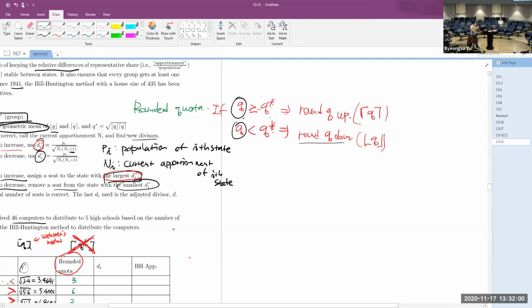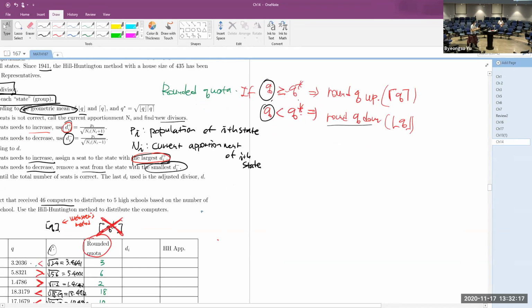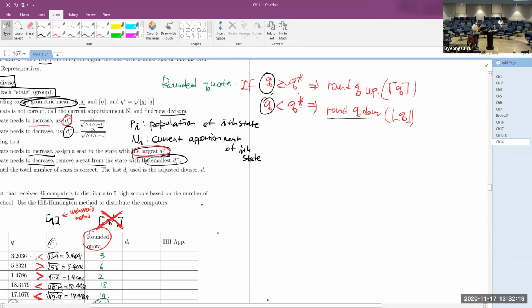That's the original Hill Huntington method, and that's why I found that my prescribed answers seem true. Last Thursday I was very busy at the moment, so I lost track of this method. So instead of rounding Q star, if Q is greater than Q star, round Q up, but if Q is less than Q star, round Q down.